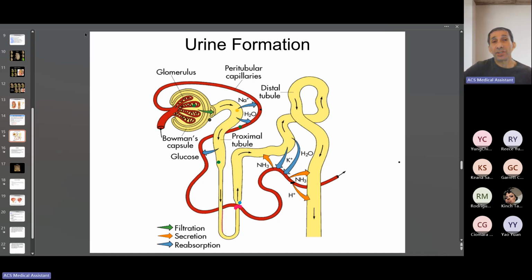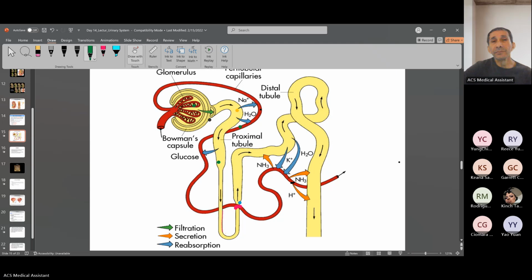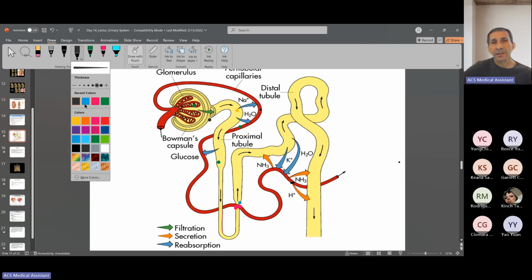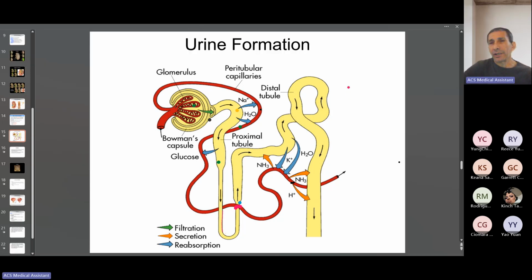Think about each nephron as a brick that your home is made of. One brick means nothing. I don't say, oh, I have a brick, I have a house. No, I have to put a bunch of bricks together.